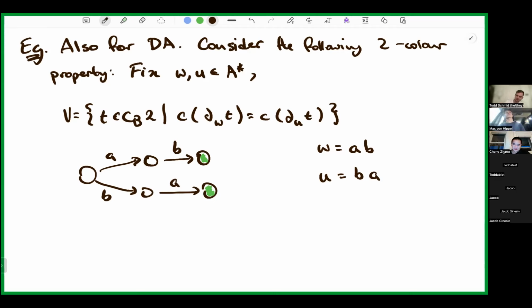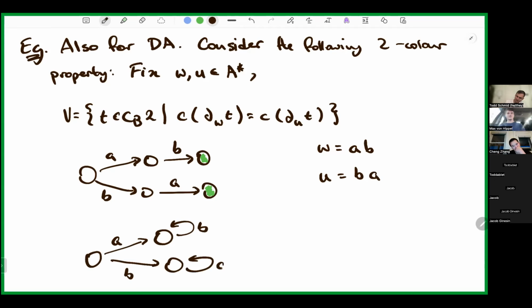So this is very close. Let me draw you a picture. Say this is my DFA. I've got A, and let's call this B, and then this one is B, and this is A right here.